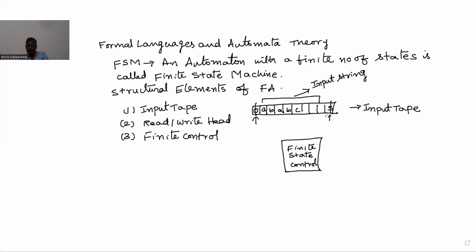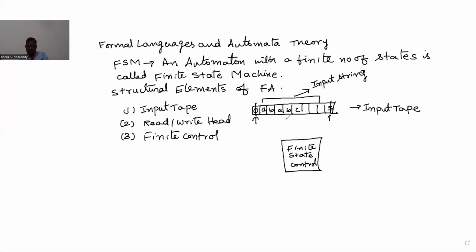Between end markers, it indicates whether the tape is of infinite length or finite length. Without end markers, the input string is said to be of infinite length. Using end markers, the string is of finite length, having a finite number of symbols. So that is the difference.